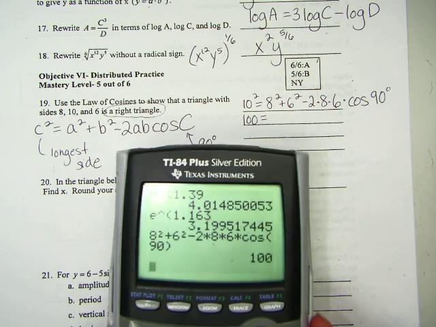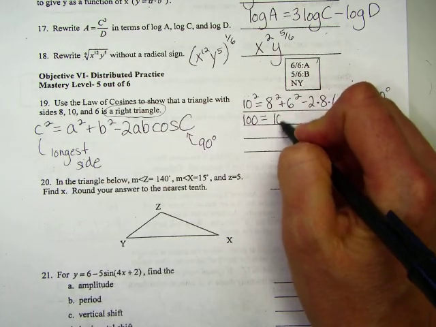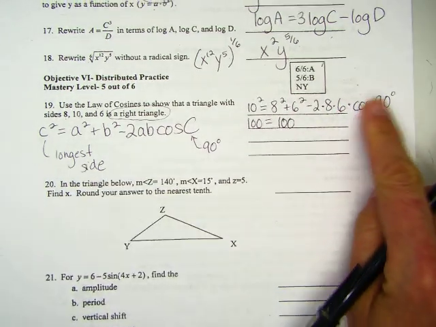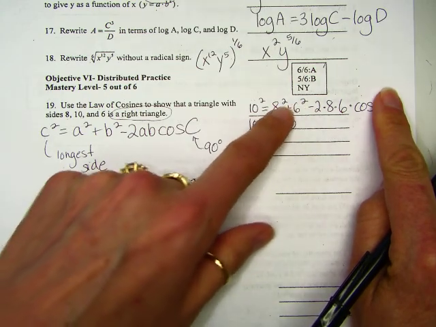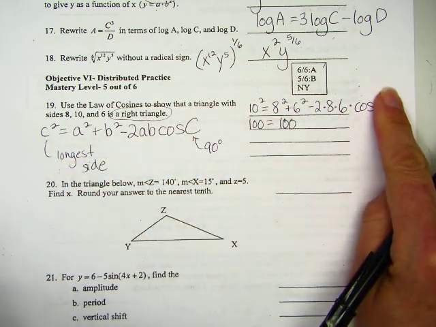So I got 100, okay? Again, there is another way. I just think it's harder. You could call this a variable and then add these and subtract. It's just a pain to do it that way.